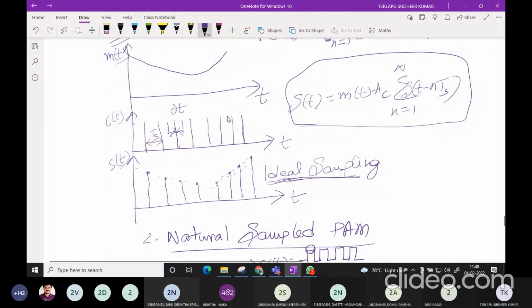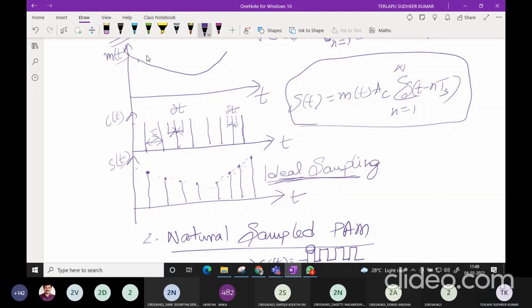In ideal sampling, we are using the train of impulses, and the pulse width here is delta t. This delta t is infinitesimally small. When we multiply C of t with M of t, we get the ideally sampled pulse amplitude modulated signal. Whenever there is a sample, I have one particular value of that sample in the entire M of t.